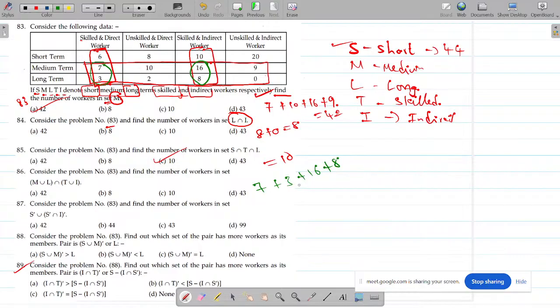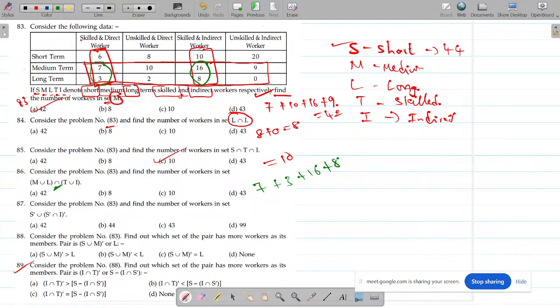I miss any value. It's M union L, which is medium long term. So the full area. Then T union I. T is skilled. Okay, skilled. So I'll get this part and also this part. Okay, it's right. So it's union. Have to consider both. Then I indirect. So it's 6, 7, 3, 10, 16, 8. Yes, I'll get both. Then I have to get intersection.